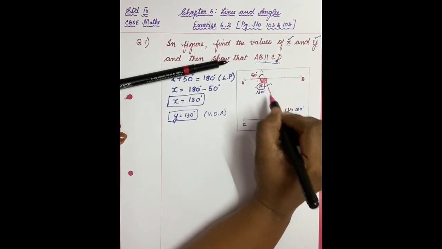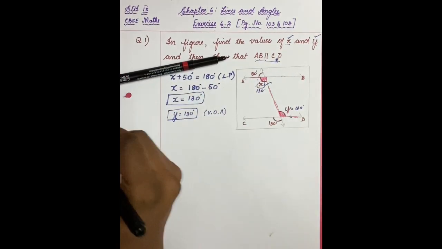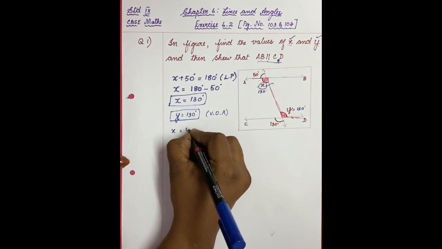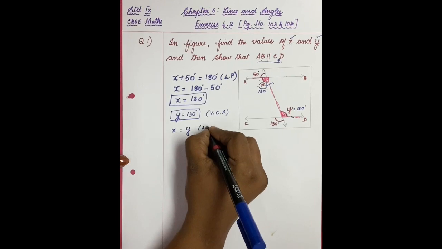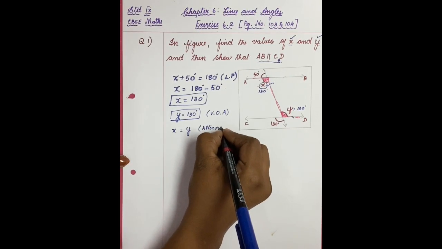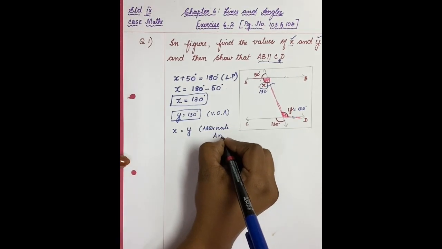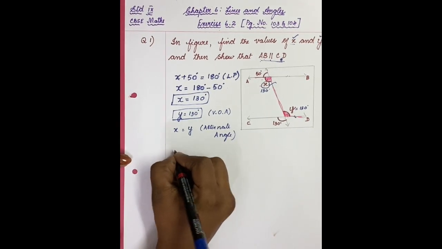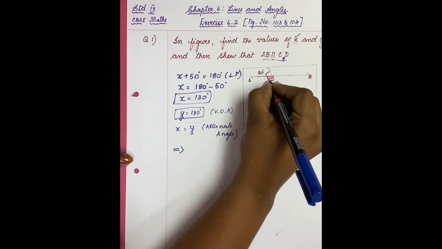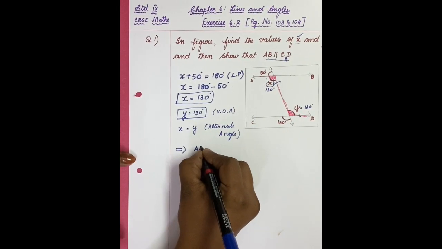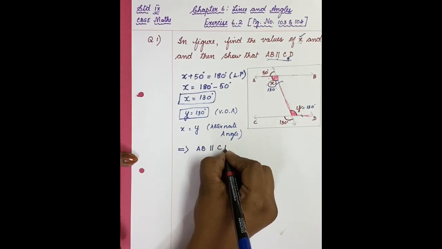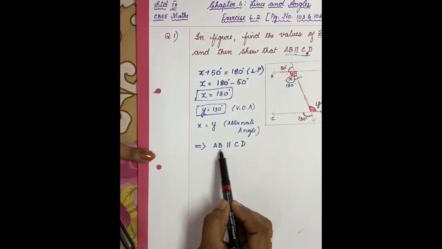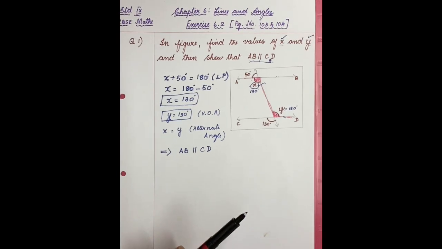Since alternate angles are equal, x is equal to y. This implies these two lines AB and CD are parallel. So, we have found the values of x and y, and we have proved that AB is parallel to CD.